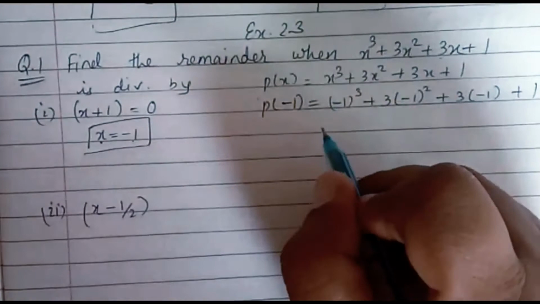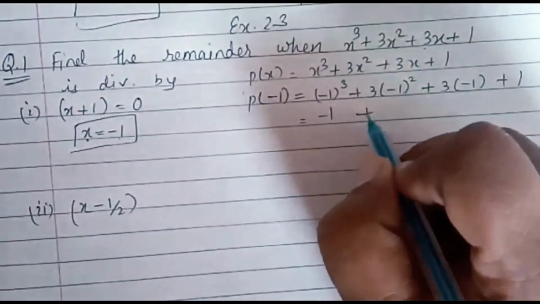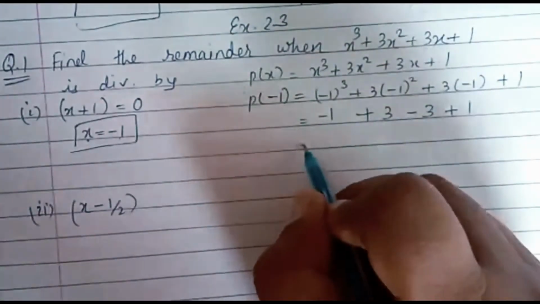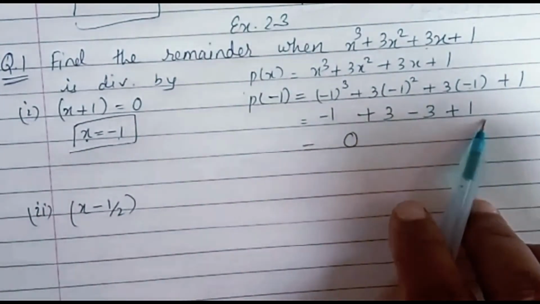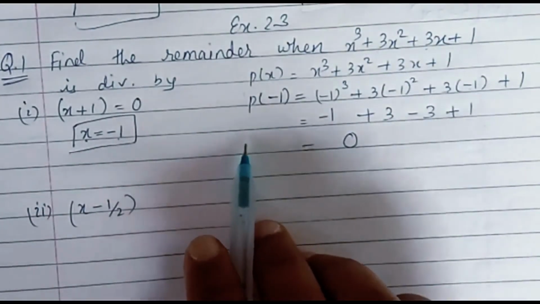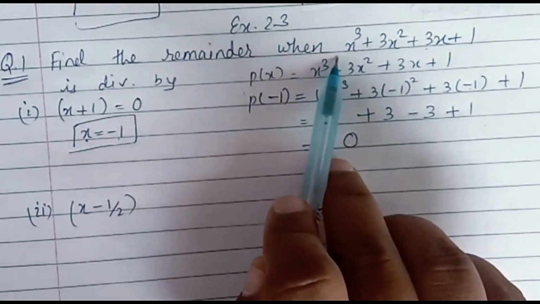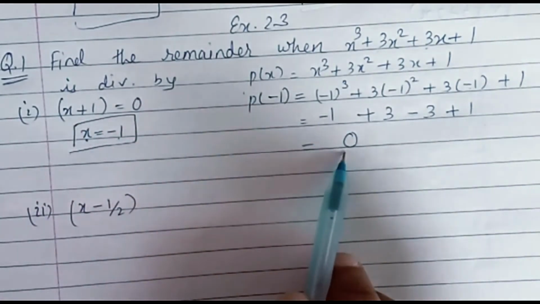So -1 the whole cube will be -1, 3 into -1 the whole square will be plus 3, 3 into -1 will be -3, plus 1. Finally the answer will be 0. Every term will be cancelled out. So in the first case the remainder is equal to 0, or you can say when the polynomial is divided by x plus 1, the remainder p of -1 is 0.